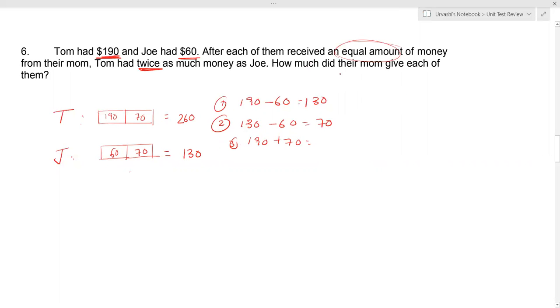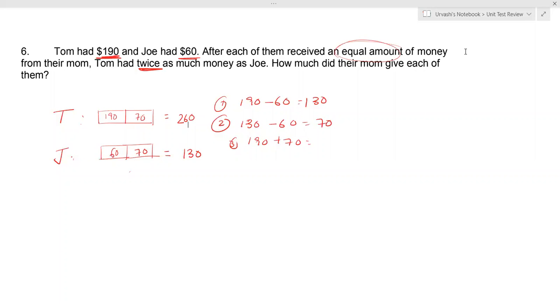So how much did their mom give them? 190 plus 70.